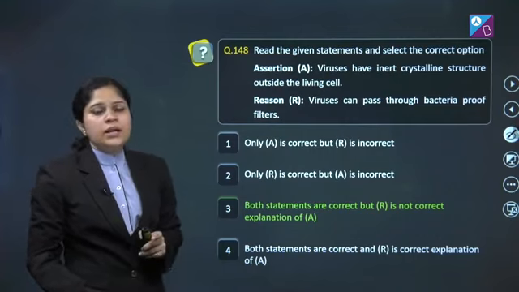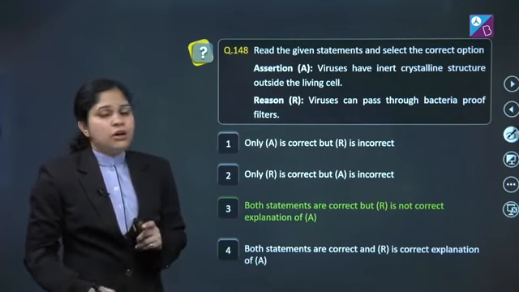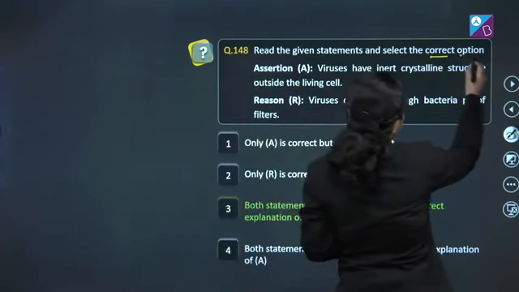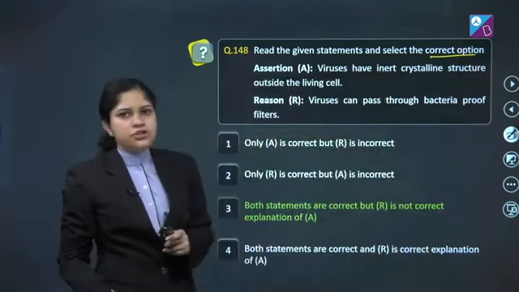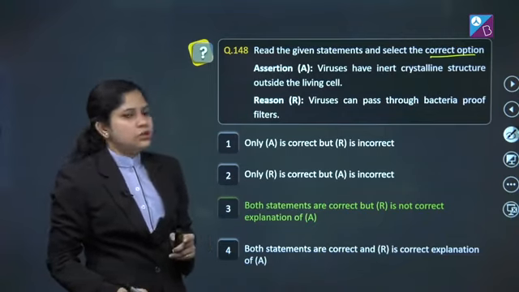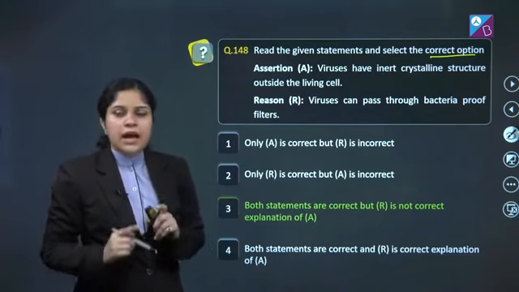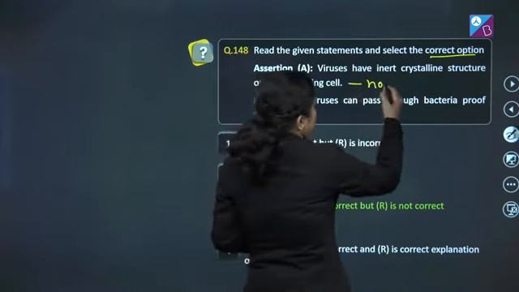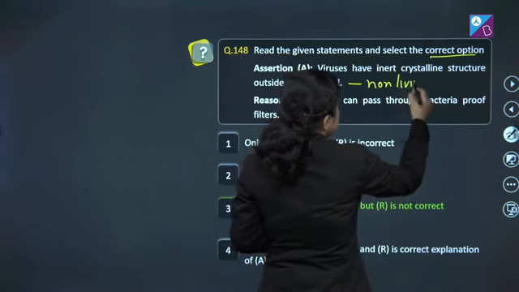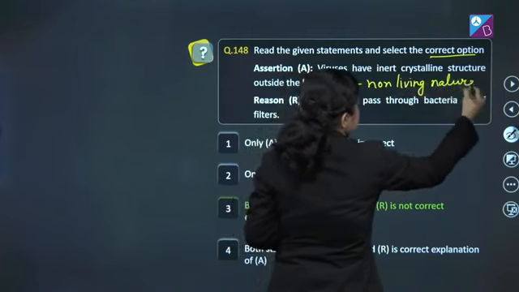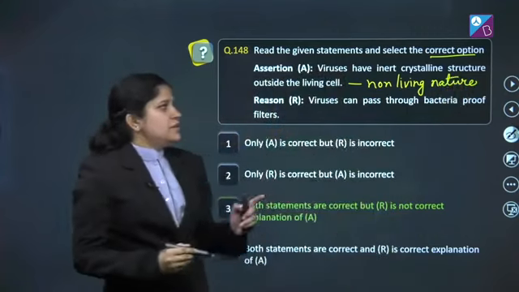Question number 148. Read the given statements and select the correct option. Assertion. Viruses have inert crystalline structure outside the living cell. Absolutely true, and it depicts their non-living nature. Reason.